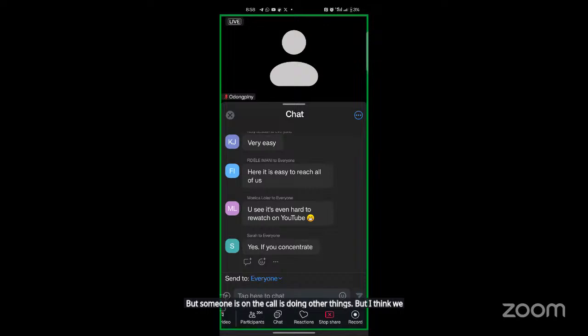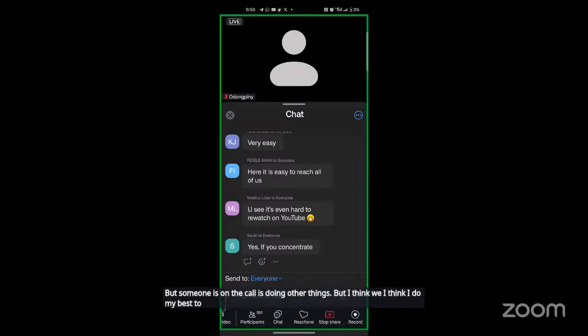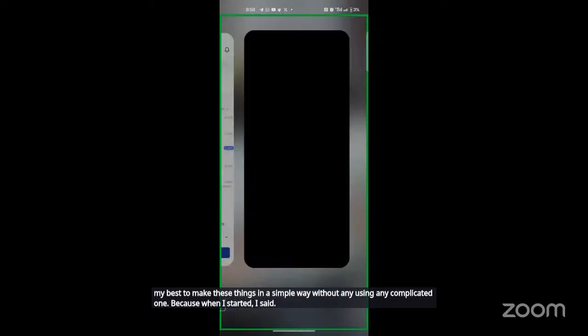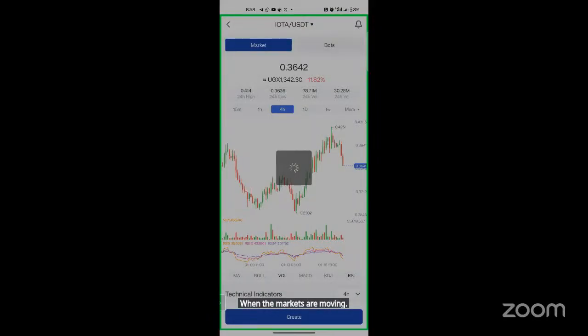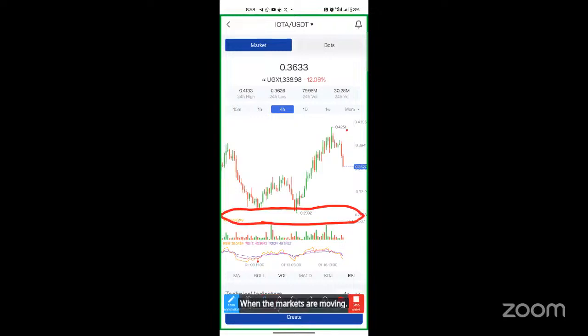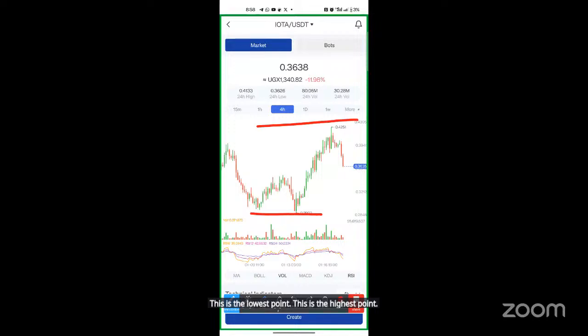I do my best to make these things simple, without using any complicated words. Because when I started, I said when the markets are moving, this is the lowest point, this is the highest point. From the current price, the market has a support here.